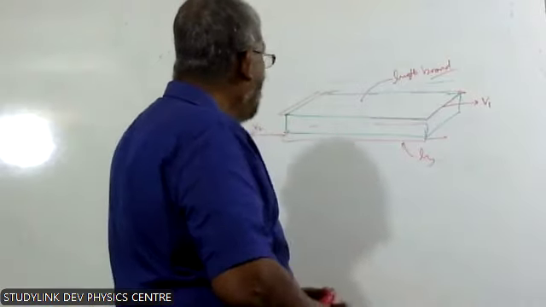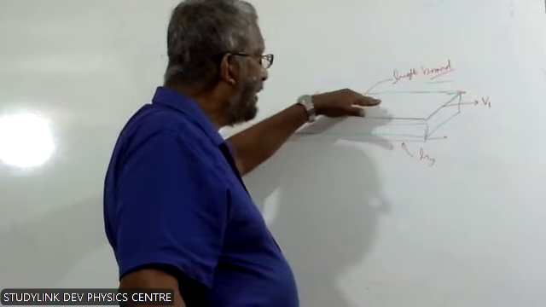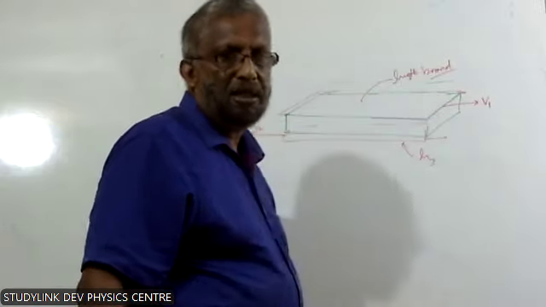The theory is this: the layer in contact with the board gets the same velocity.